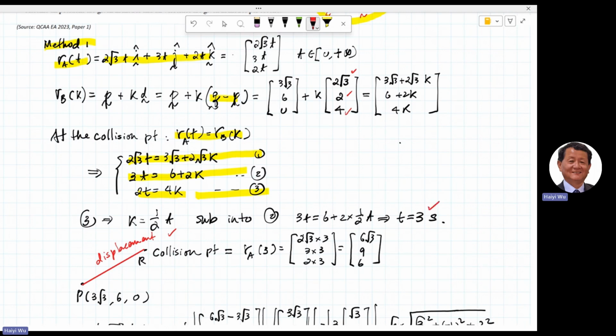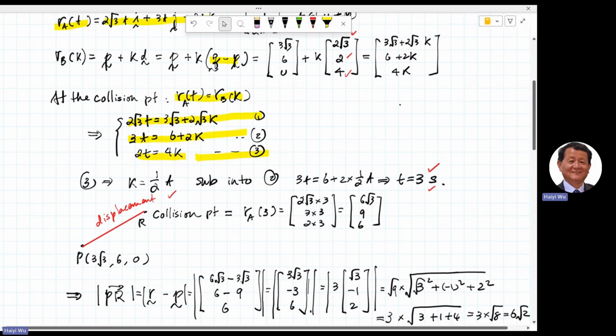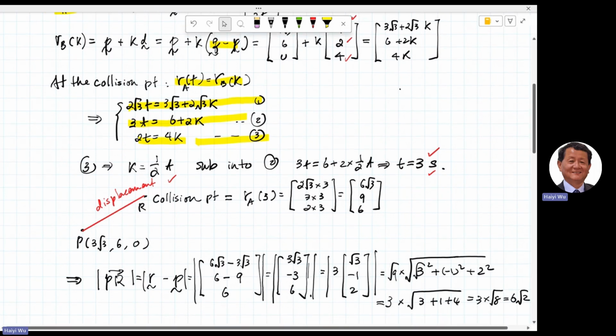That's the flight time from the release point to the collision point. Now we're going to work out the time taken by particle B from its release point to the collision point, then subtract them.